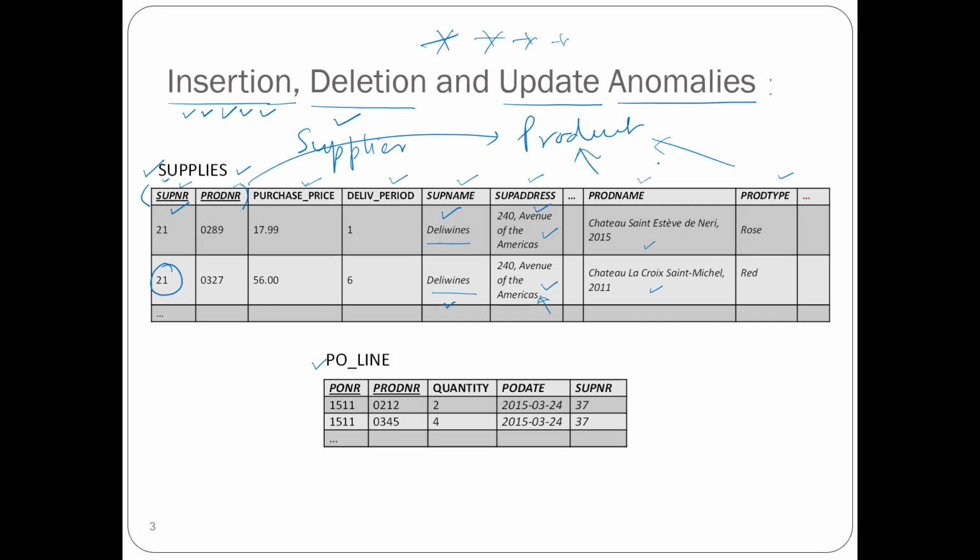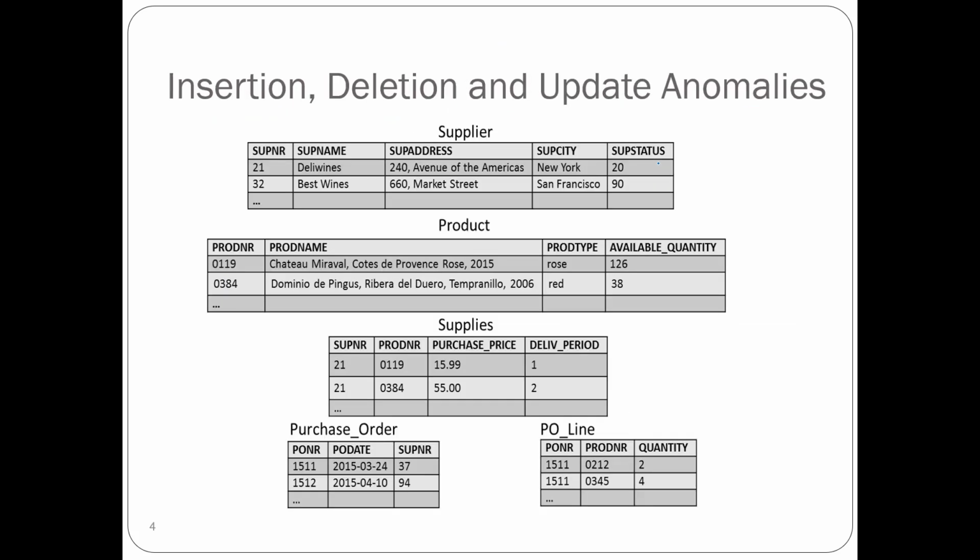What we would learn to do, we would learn to make them more efficient, make them normalized, and normalized relations look like this. Okay, we would have the supplier information in supplier relation, we'll have the product information in product relation, and then we will have supplies, another relation that will have the information about the relationship type between supplier and product.